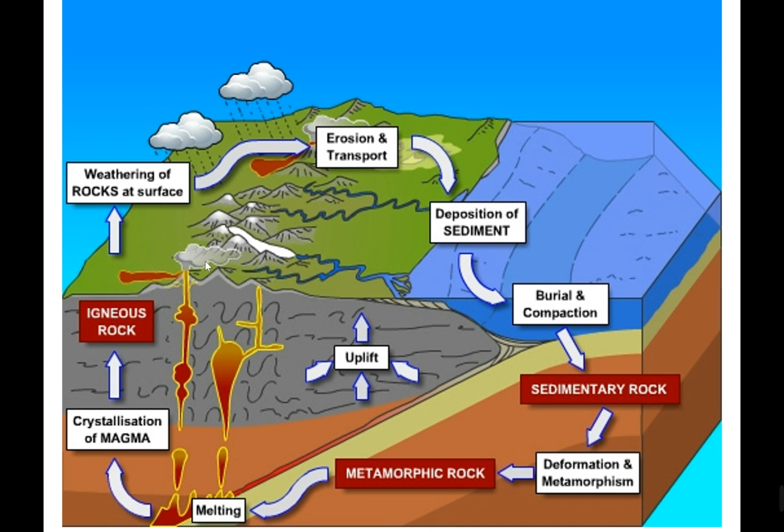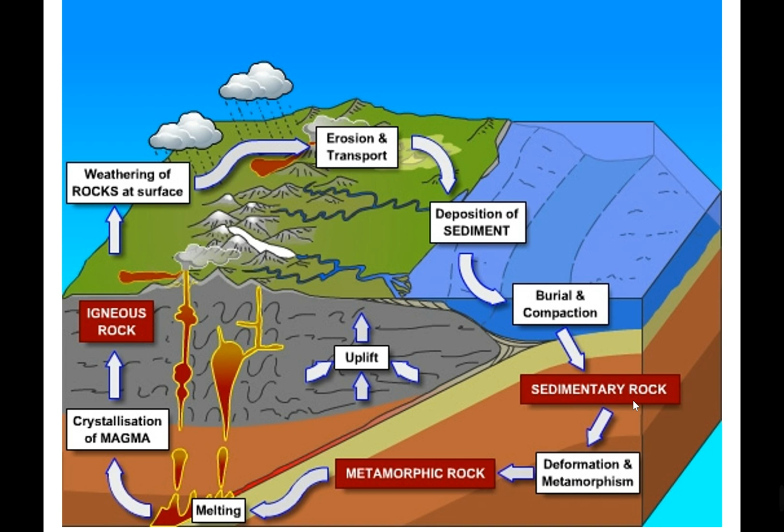The rocks on the surface are weathered, so they're broken down and then they're transported, and you can see the river is bringing them there and some wind might be blowing them in, and those broken down rocks are deposited as sediments. More and more sediments are deposited and they then become sedimentary rocks.